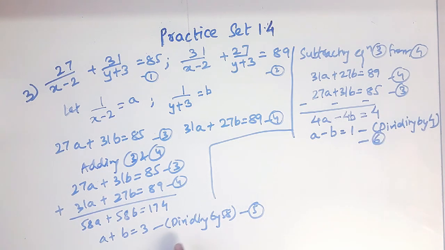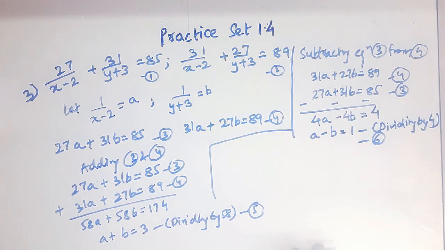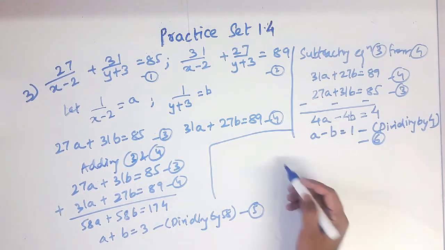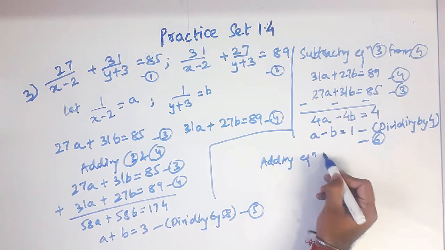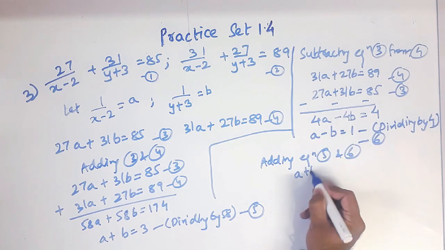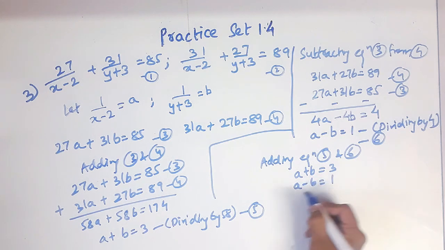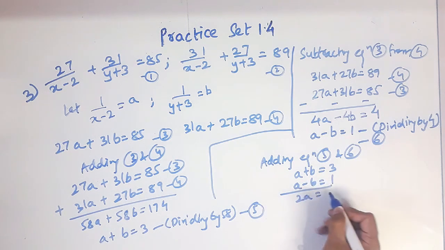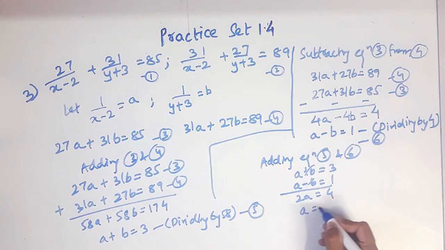Okay, so you can see equation number 5 and equation number 6. B is simply getting cancelled, so I'll add equation 5 and 6. A plus b equals to 3, a minus b equals to 1. So I'll get 2a equals to 4, b minus b gets cancelled. Okay, so what is the value of a? A is equal to 2.